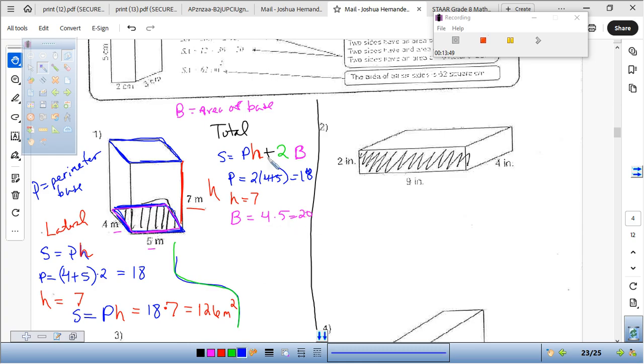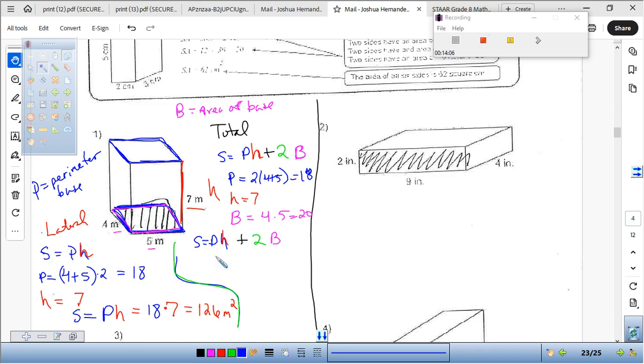Now let's start doing the formula. Surface area is equal to P times H plus 2B, and plug in the numbers right here.